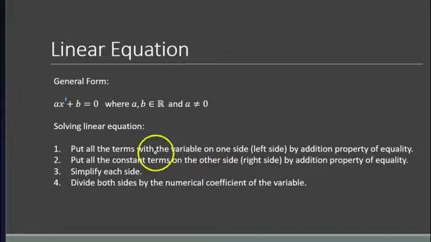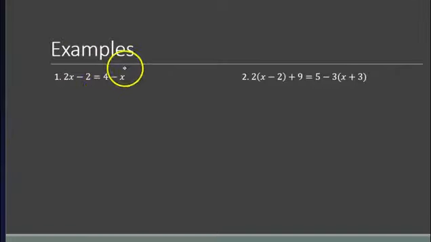And all the constants on the right side, also using the addition property of equality. Then we simplify the left side and the right side, and then we divide by the numerical coefficient to solve for the variable. For example, in this one, if you look at the negative x here, we want to transfer this to the left side.